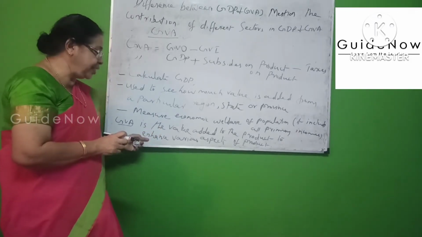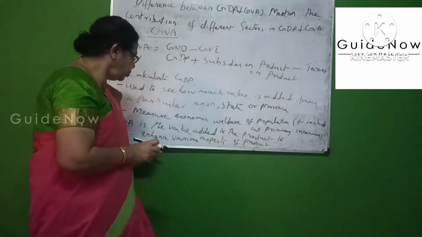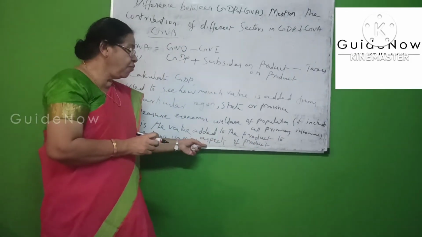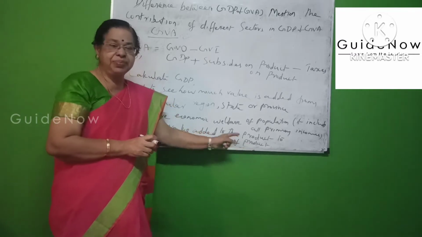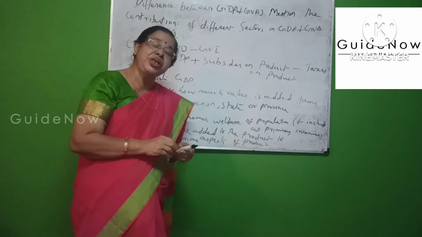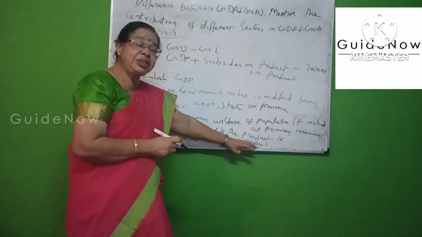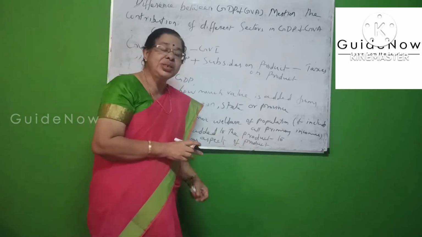Gross value added is the value added to the product to enhance various aspects of the product. How much value is added to the product to enhance or increase the various aspects of the product, that is equal to GVA.